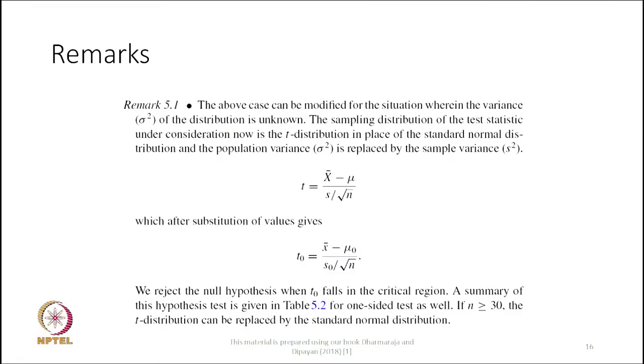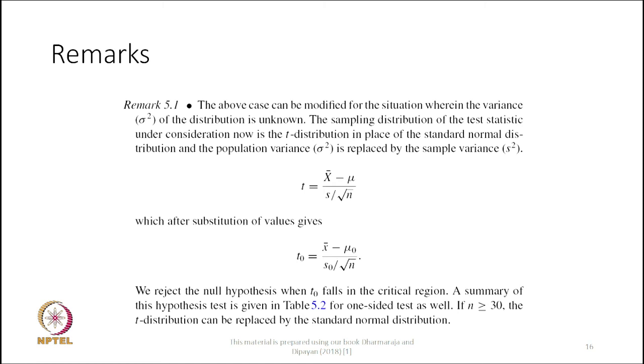There is another important piece of information. Whenever you have a sample of size n greater than or equal to 30, I should have said the same information earlier also, I forgot to tell you. Whenever the data size is more than 30, there is no need to use the t distribution, because the t distribution with degrees of freedom greater than or equal to 30 will be approximated by the standard normal distribution.